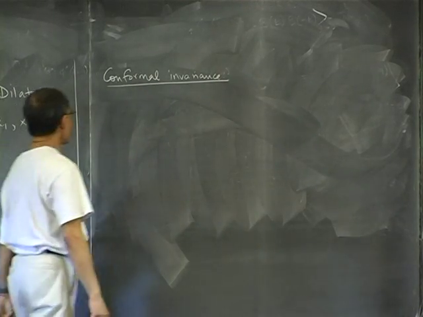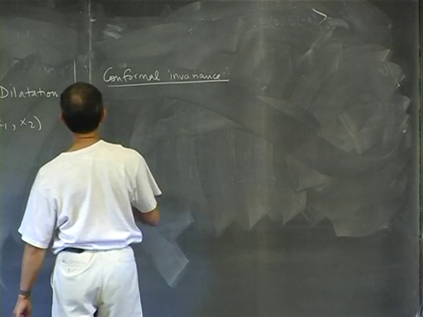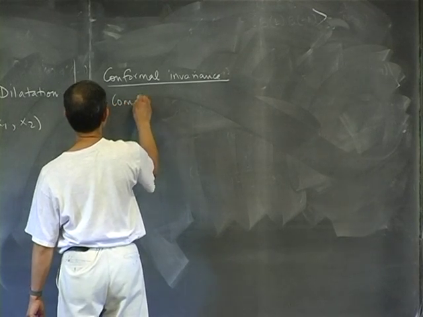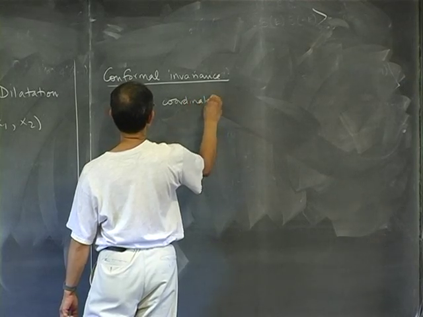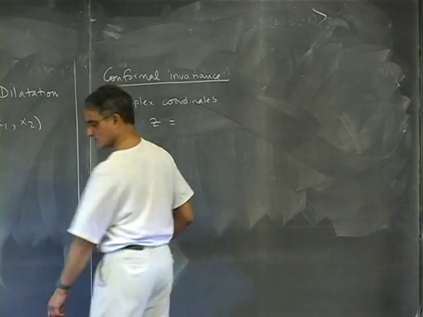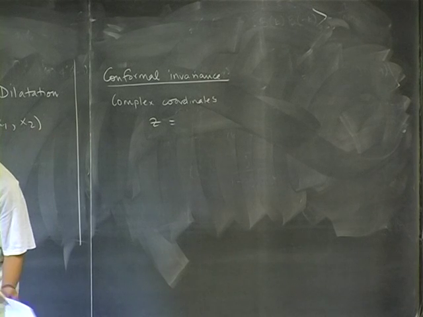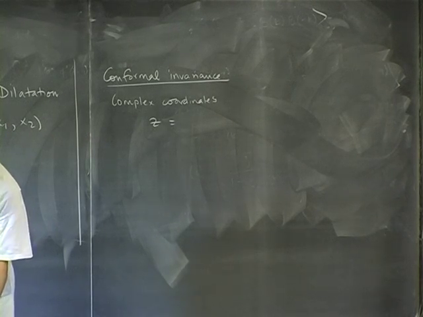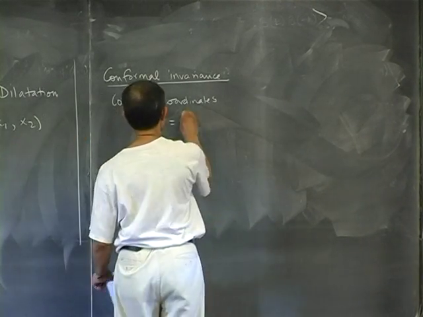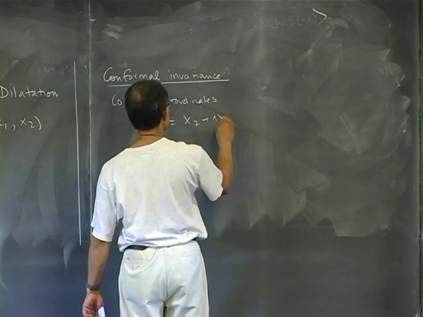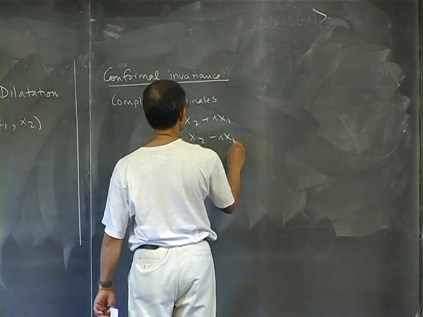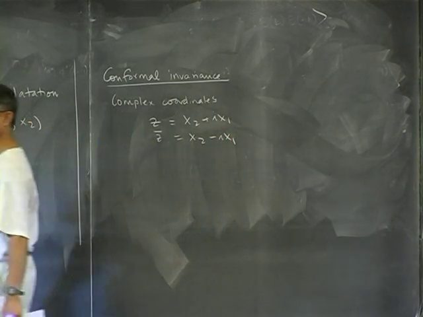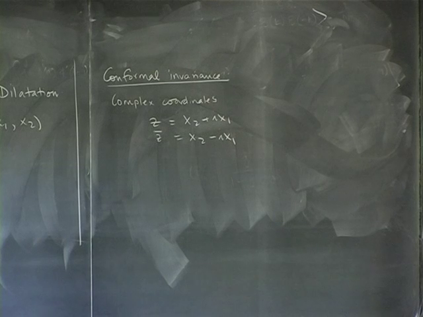To look at conformal invariance, simply let us define some complex coordinates. This is just a definition. I mean, if I have 2 real numbers, I can always combine them into a complex number, and its complex conjugate.